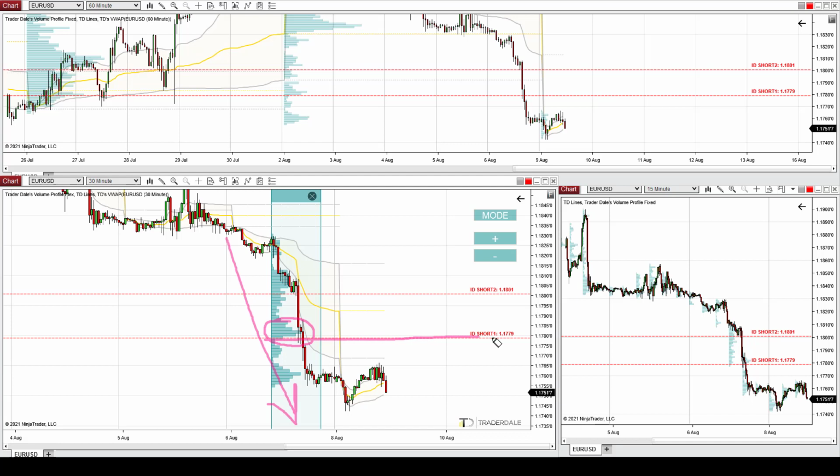It begins at 1.1779. As the sellers were pushing the price downwards, I think they were adding to their short positions in here. We see those volumes, those are the new shorts they placed in the market. Then the downtrend continued. This confirms that those were strong sellers.